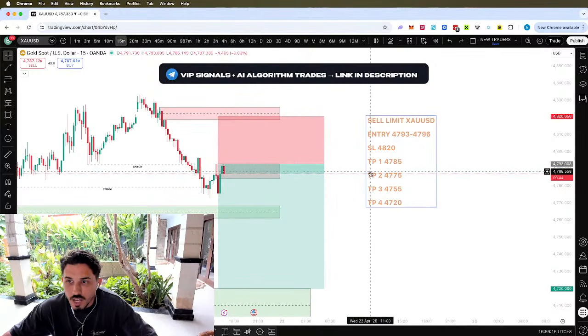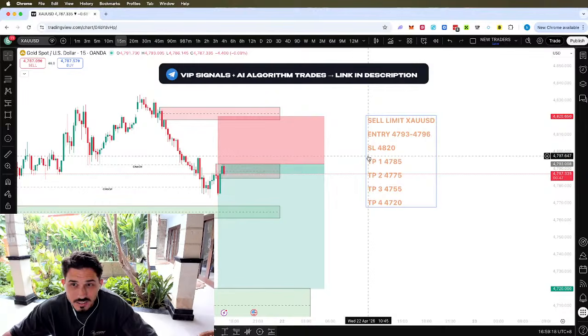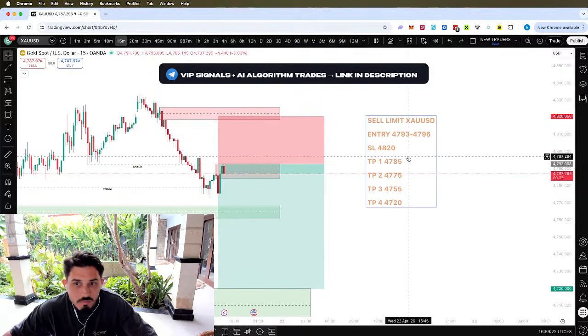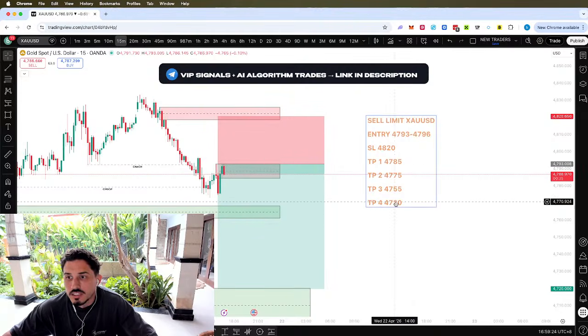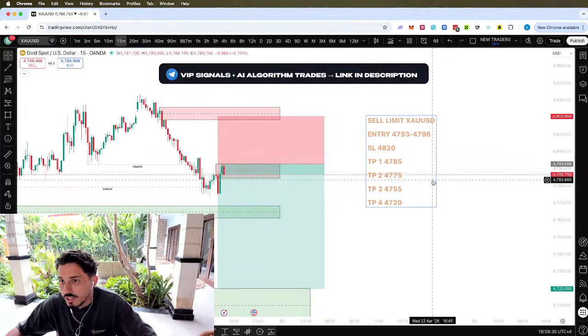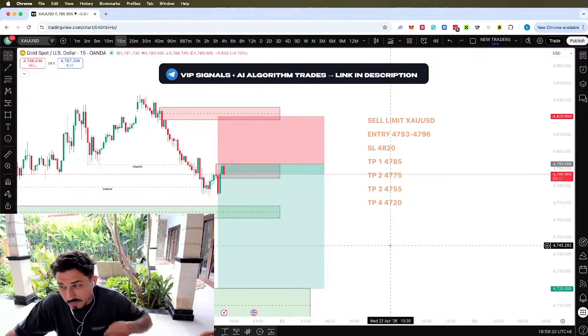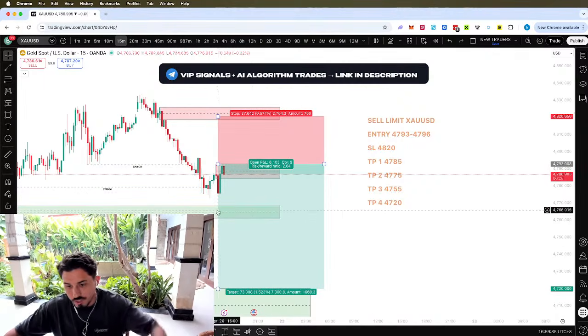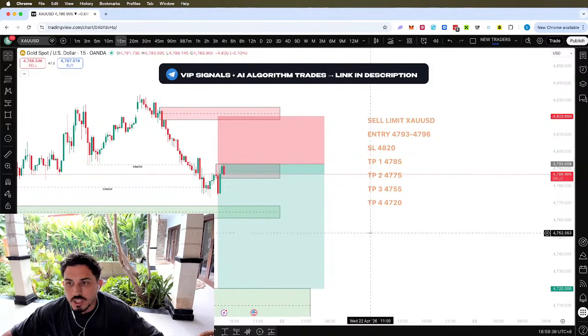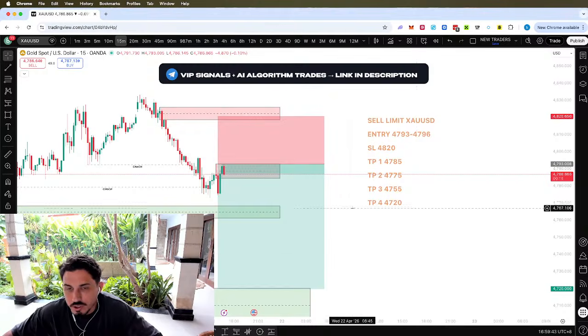For those of you in the VIP that did enter it, it's almost hitting TP1, so that's just how it is. But for us on YouTube, I don't think the majority of us entered it, because if we had pending orders in, for example, that's why I always say I prefer market executions, because you entered the trade.